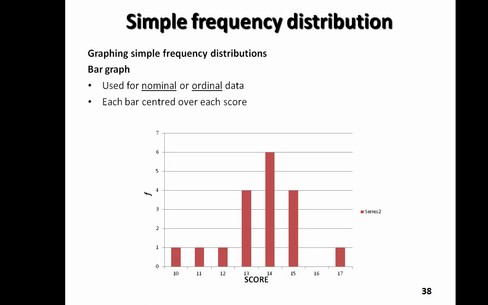In this particular case, each bar is centered over each score, as you can see here, and the bars do not touch each other. Anytime a graph is generated, the title should be depicted underneath or above the graph as well. The title of the figure should be brief yet descriptive of what the graph is depicting.